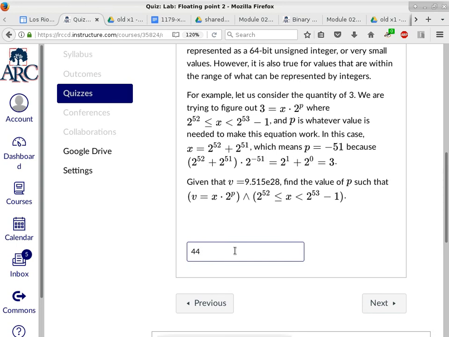Now, if you do add like 2 to the power of 44 or 45, it has a very small impact to this particular value. So you're basically just adding 1 or 2 to this particular quantity to x. Yeah.